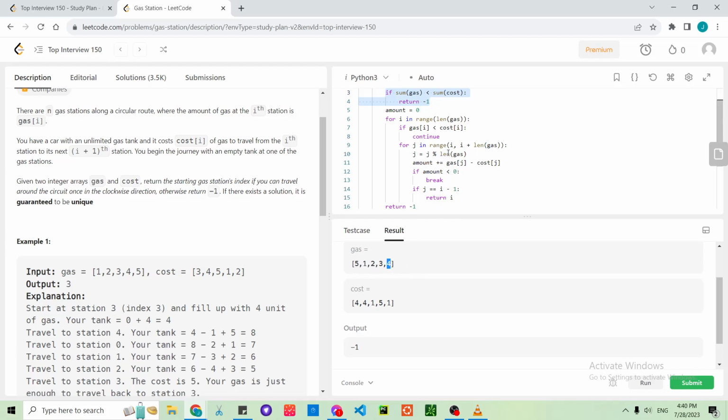After this step, it will be 4, 0, 1, 2, 3. So amount is 4. Oh, I see. This amount needs to be reset each time we retry a new start index.